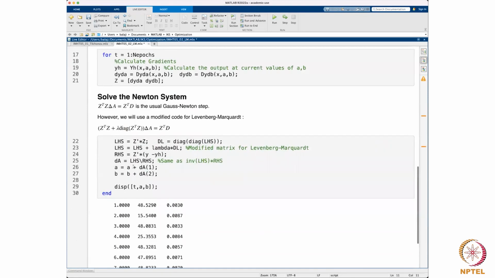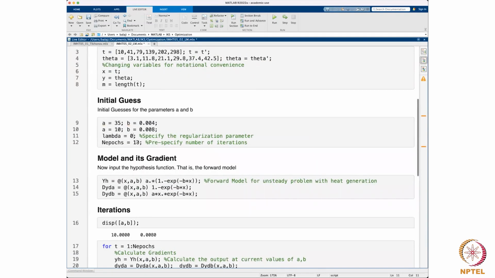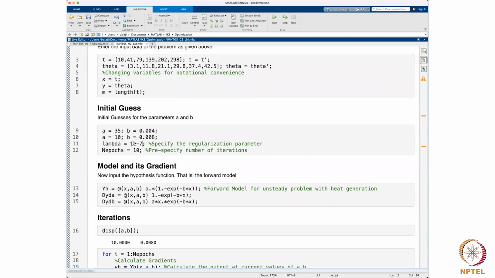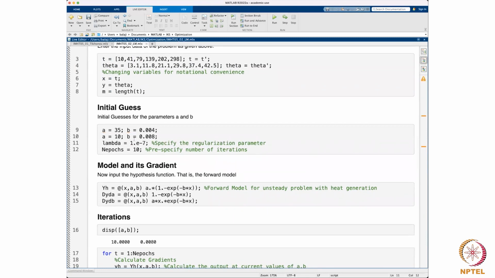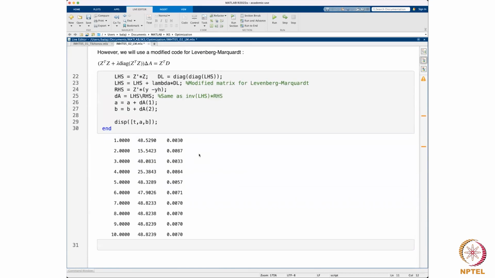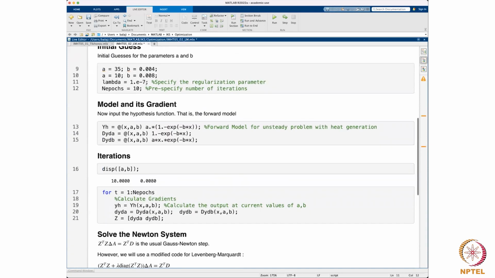Okay, so we can try it with the Levenberg-Marquardt algorithm, where I changed the lambda to 1 e to the power minus 7. I should put 1 dot 10 power minus 7. So we are still getting 9 iterations here too.